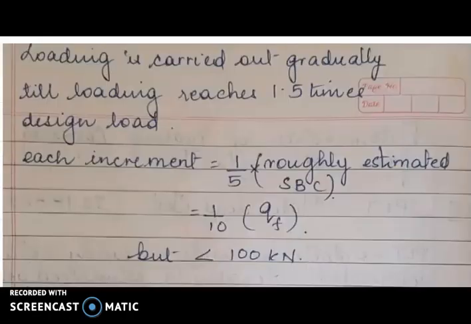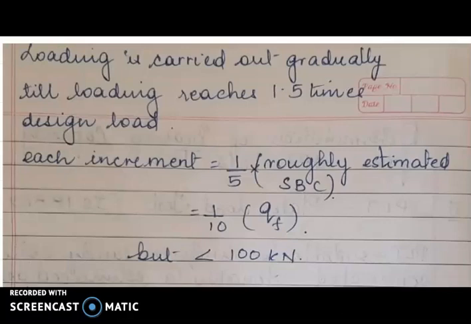It is necessary that the loading is carried out gradually. With the old method, wherein we used to keep sandbags on channel sections or I sections, that gradual increment was not possible. But with the reaction truss method, with the recent machinery, the increment is possible really gradually.